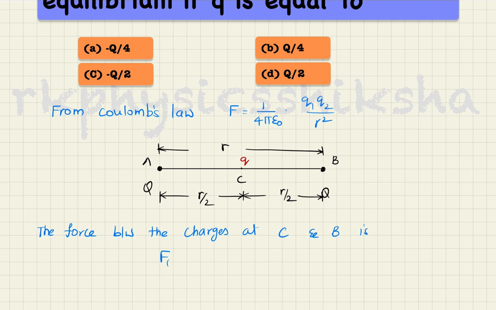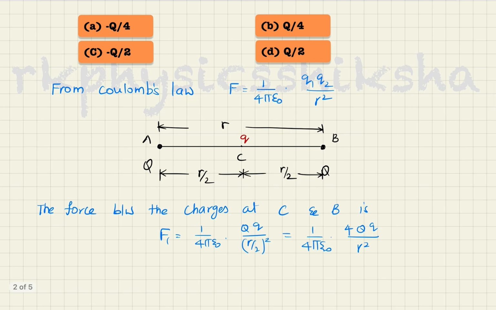F1 is equal to 1 by 4 pi epsilon naught into capital Q into small q by r by 2 whole square, which I can write as 1 by 4 pi epsilon naught into 4 capital Q small q divided by r square, because r by 2 whole square is r square by 4, so the 4 comes to the numerator.